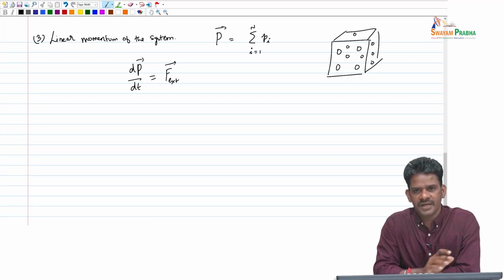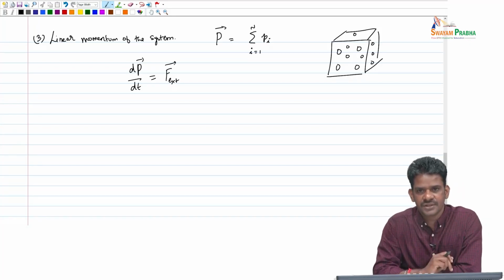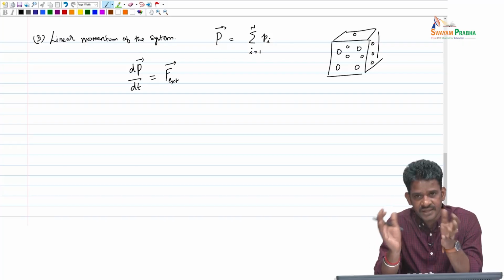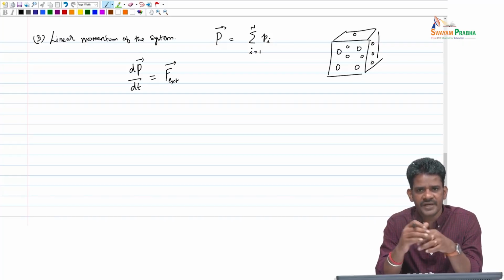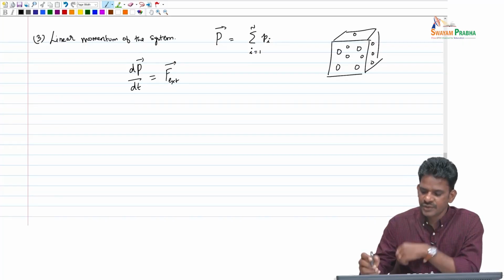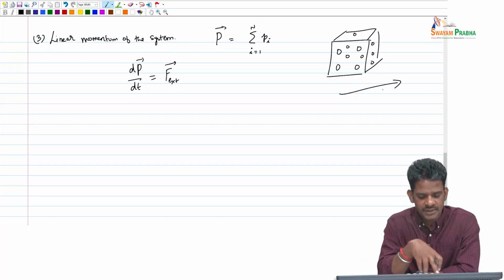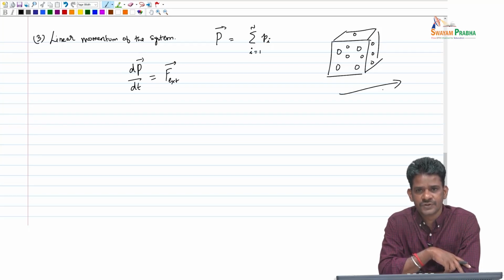Right, this comes from Newton's law of motion or from the Lagrangian equations of motion. Earlier we talked about writing the equation of motion for individual particles. Now we are writing it for the entire system. We can define a linear momentum for the entire system and see whether this entire system is translating in space or not, which would happen if there is any external force acting on the system.